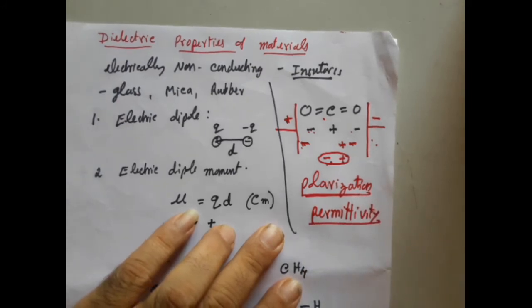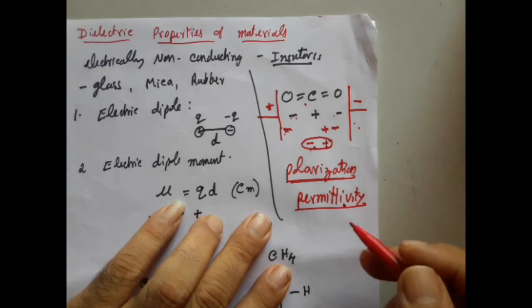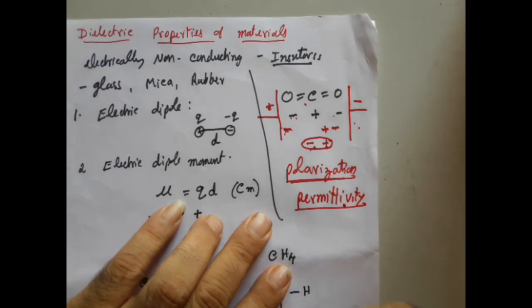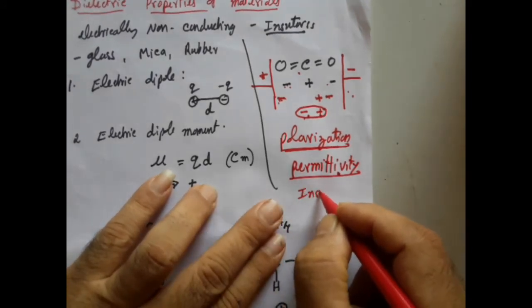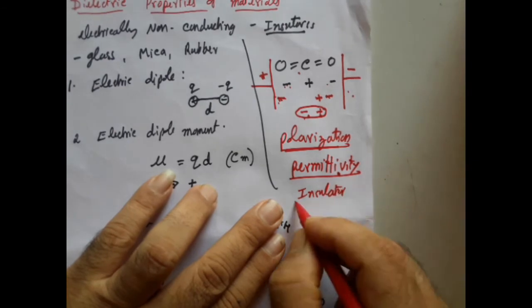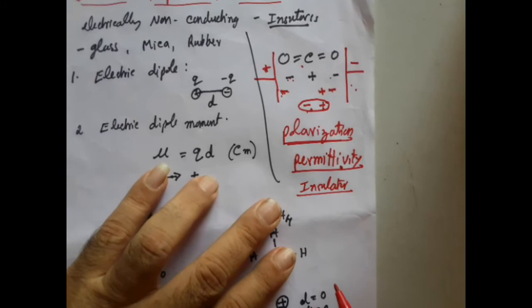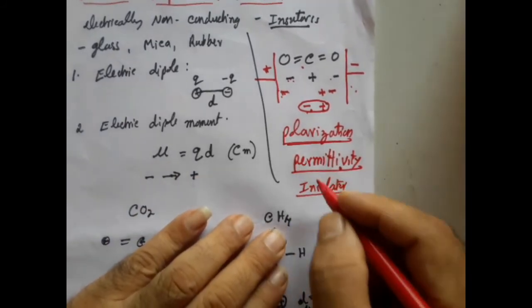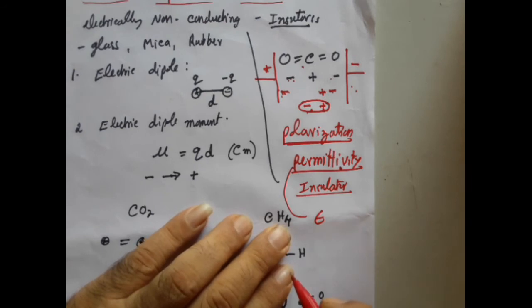The word permittivity means the ability of the material to allow the electric lines of force to pass through. An insulator easily allows the electric lines to pass through, but a conductor doesn't allow any electric lines of force to pass through. Therefore, this permittivity is always represented as epsilon.